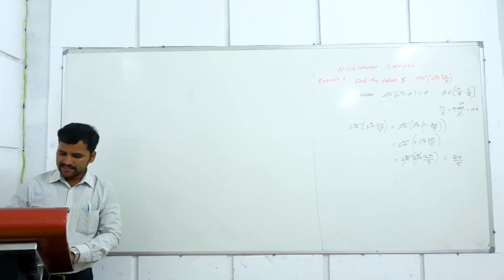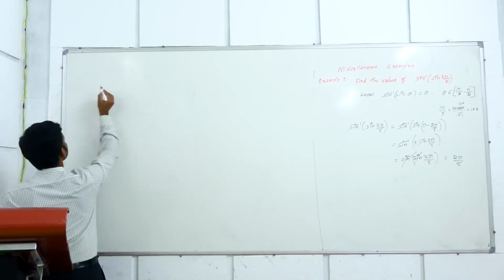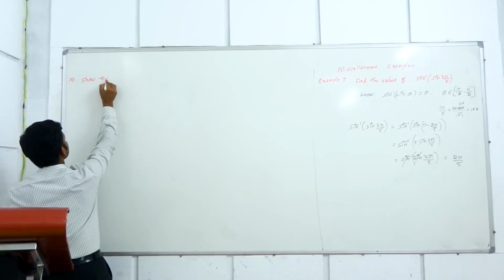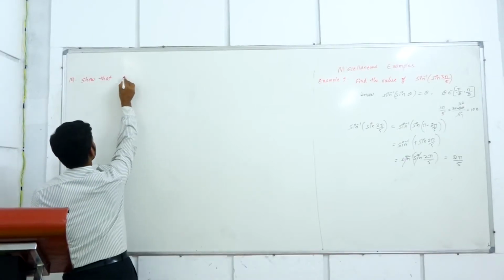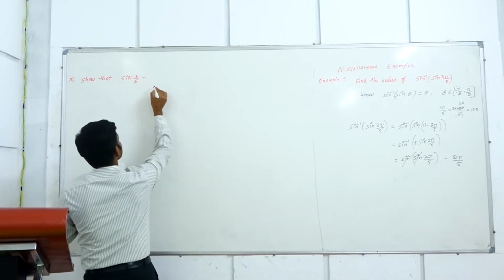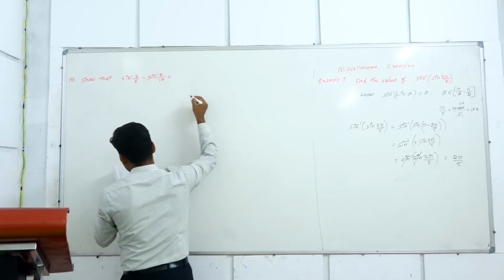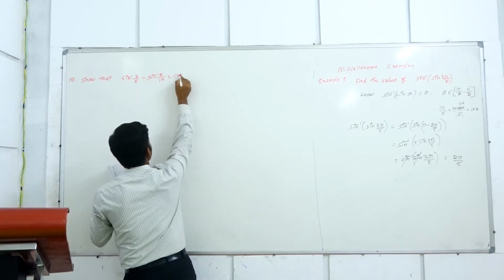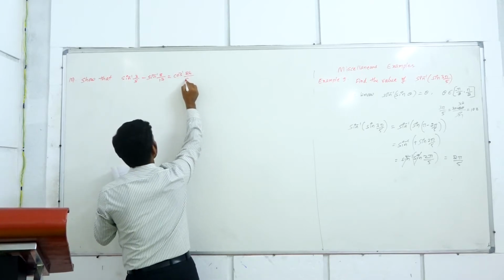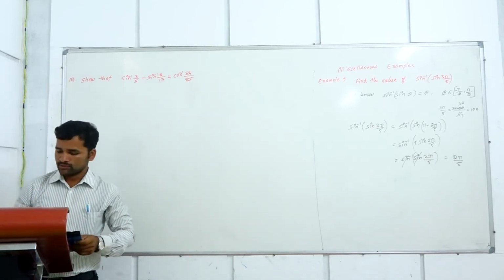Miscellaneous example 10 says, show that sine inverse of 3 by 5 minus sine inverse of 8 by 17 is equal to cos inverse of 84 by 85. This example we are going to solve.